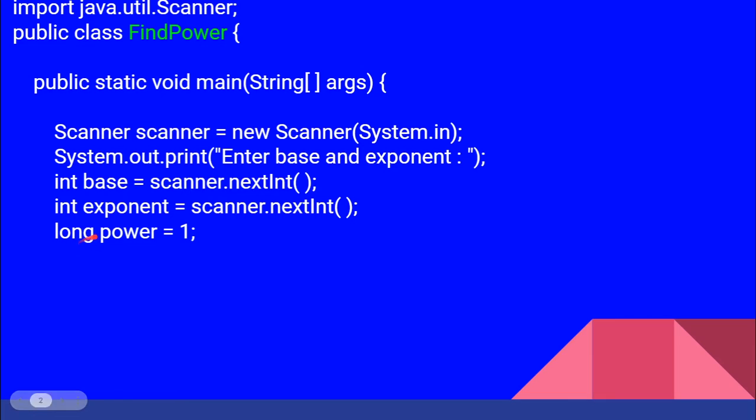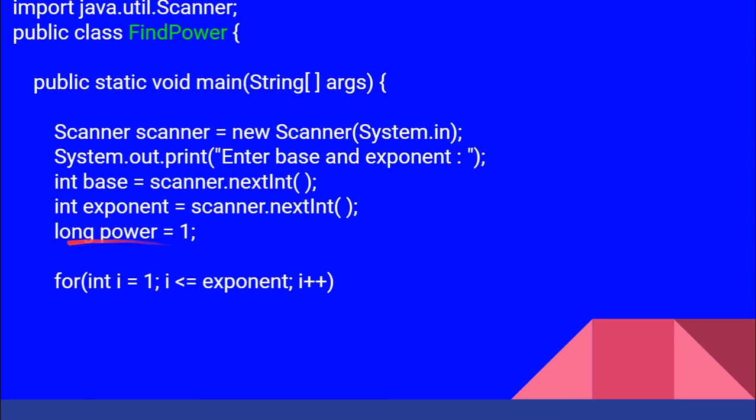Then now long power is equal to 1. So this is a variable power we are using and initializing the value as 1, and the type is long. Long means it can hold long lengthy values or higher values. Okay, and now the for loop starts: for (int i = 1; i <= exponent; i++).